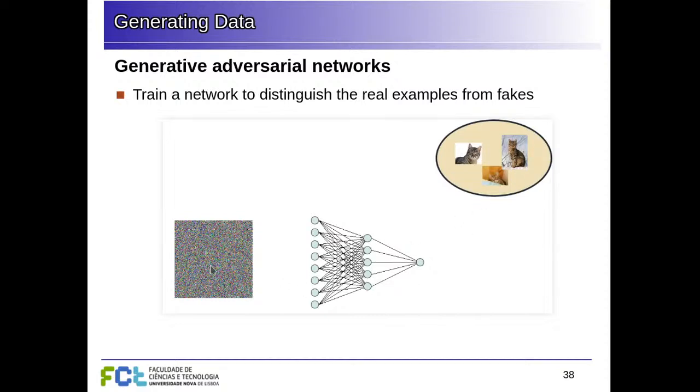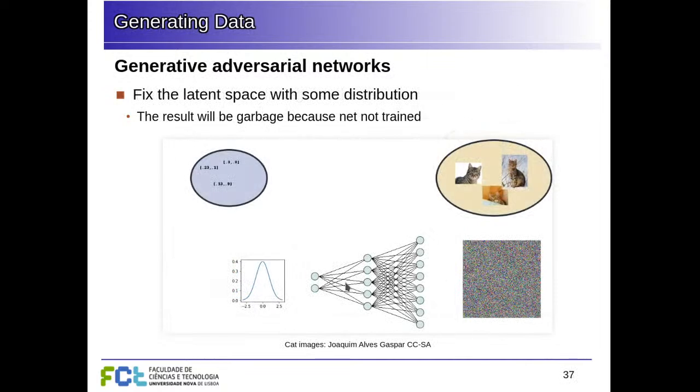So this network, we will present a cat or an image generated by the other network, and we will train it to figure out if it's a cat or a fake cat image. And we're going to include the performance of this classifier as a penalty in the loss function when training the generative network.